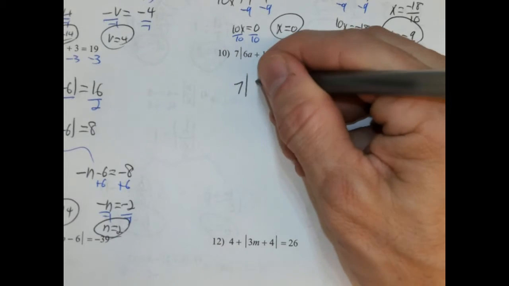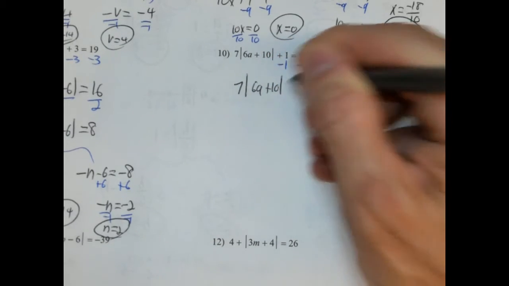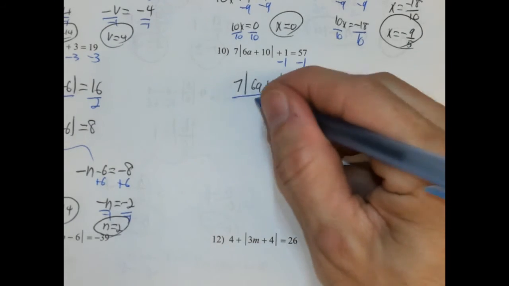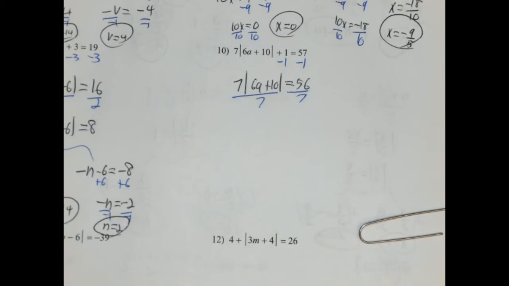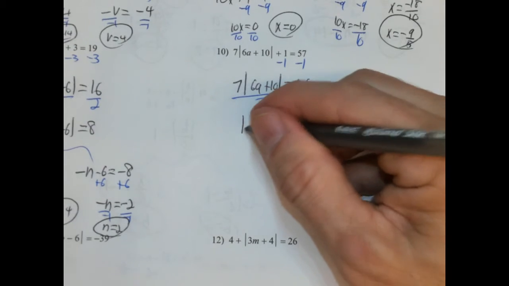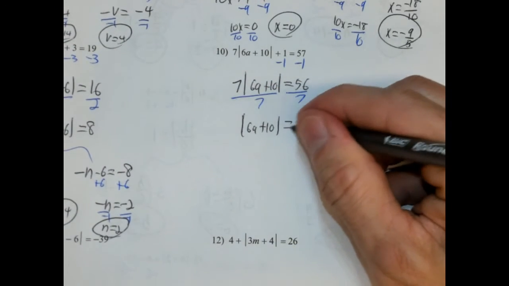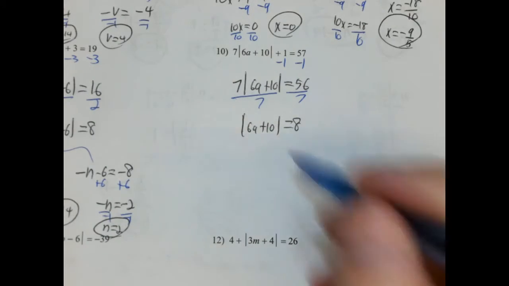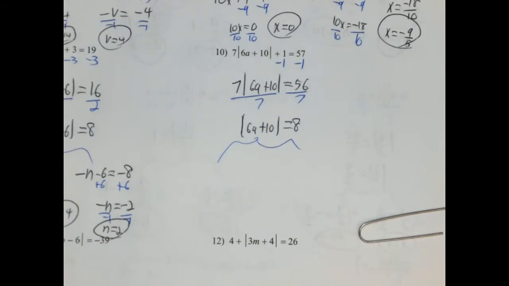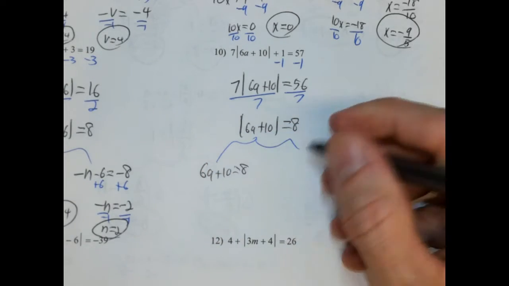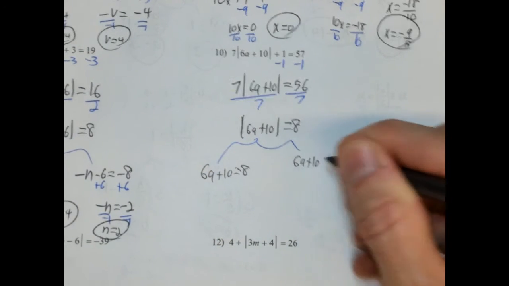So 7 absolute value of 6a plus 10 equals 56. And divide both sides by 7. Absolute value of 6a plus 10 equals 8. 6a plus 10 equals 8. 6a plus 10 equals negative 8.